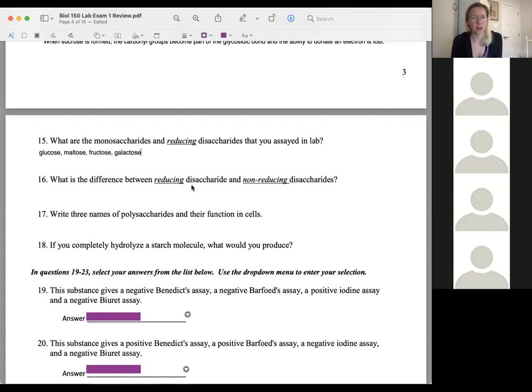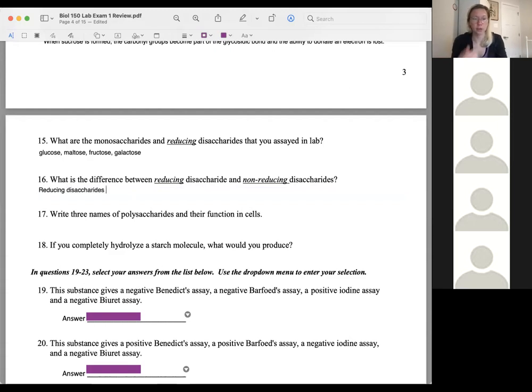But there were some disaccharides that were reducing sugars and some that did not reduce. So what's the difference, chemically or structurally, between reducing disaccharides and the non-reducing disaccharides? Reducing disaccharides have a carbonyl in them that non-reducing do not have.